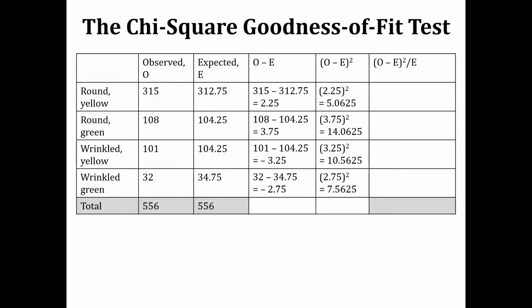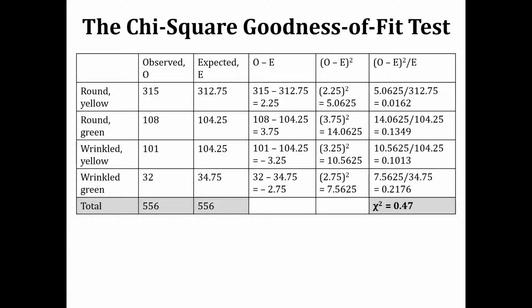Then 3.25 square, the square of the difference between the observed and expected frequencies of wrinkled yellow. And then 2.75, which is the square of the difference between the observed and expected frequencies of wrinkled green. Now we are going to divide these differences by the expected frequencies.